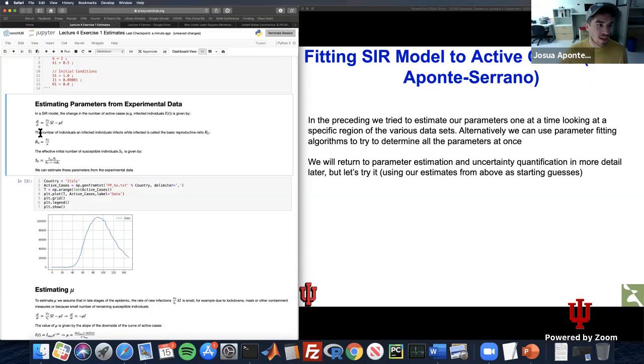And as James was explaining, the data that we have corresponds in the SIR model to the I variable, the infected individual variable. It's not entirely clear to me whether we can one-to-one map active cases to infected individuals, because there can be multiple reasons.